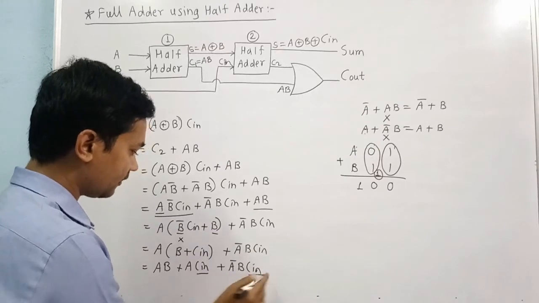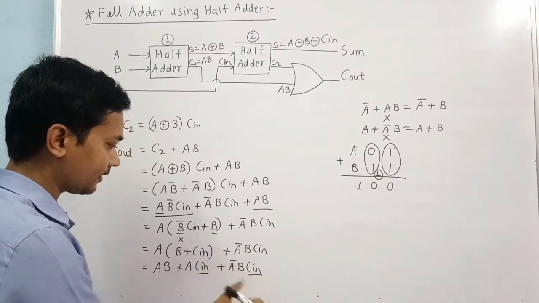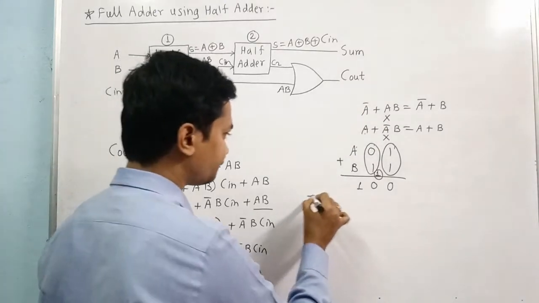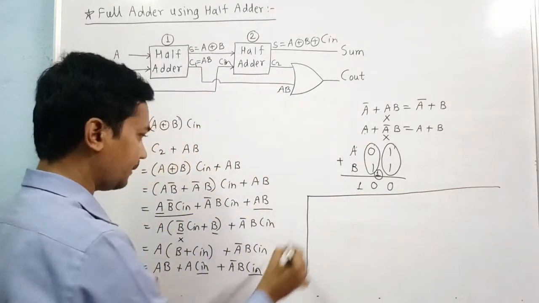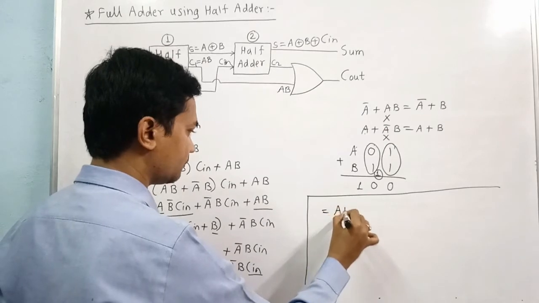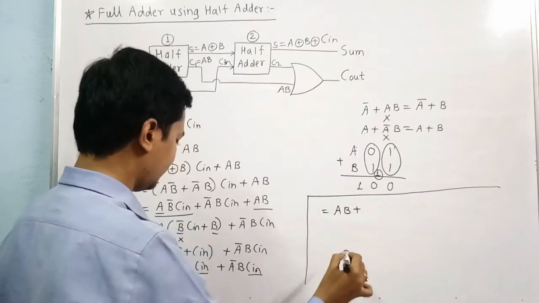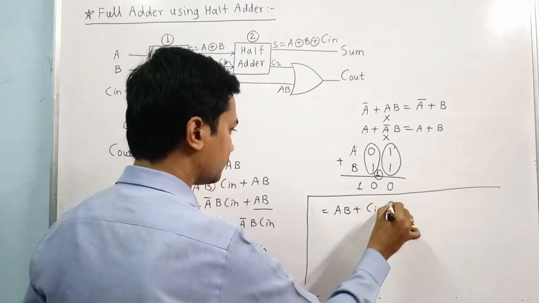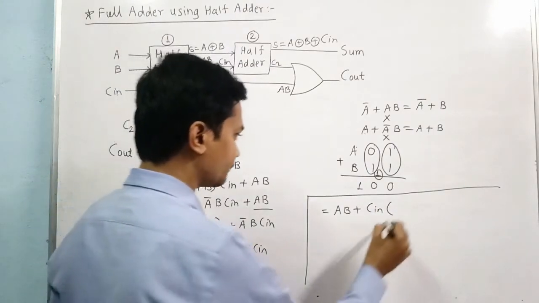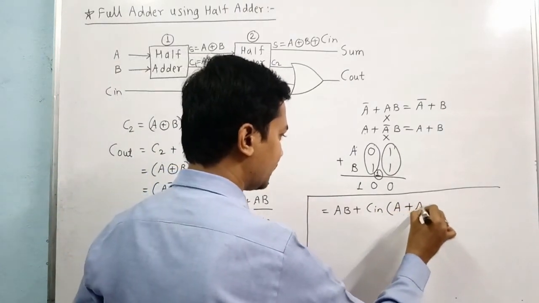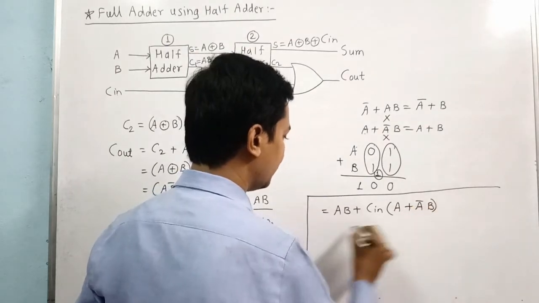C in is common here, so we can just take out C in. So AB plus C in, and what remains inside the bracket? A plus A bar B.